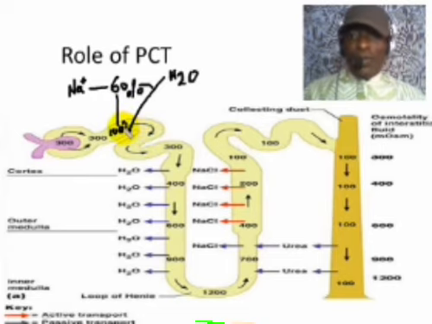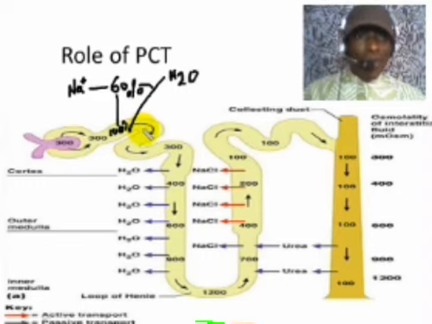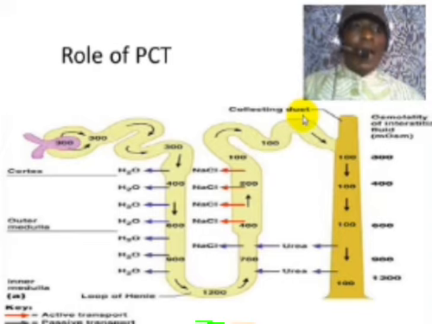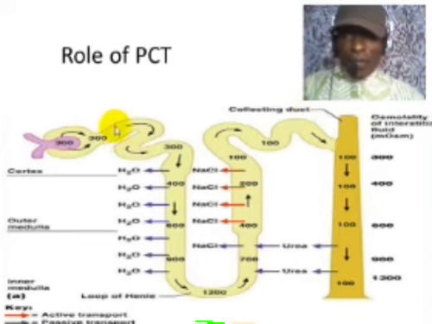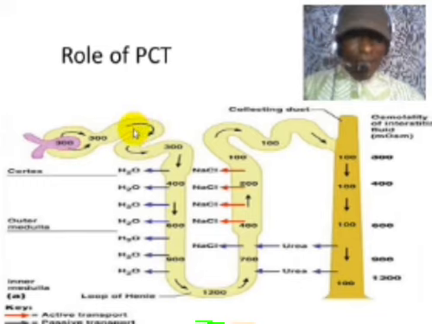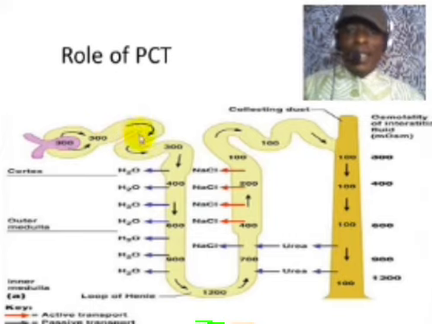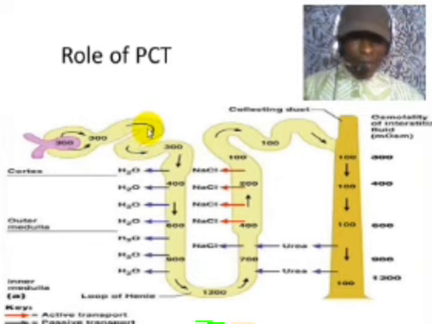So 40% of sodium ions and 40% of water is the same. Take note that the ratio of water and solute transport in the PCT is the same. Thus, there is no net change in the osmolarity of the glomerular filtrate in the PCT. It therefore means that the glomerular filtrate in the proximal convoluted tubule is isotonic to plasma.